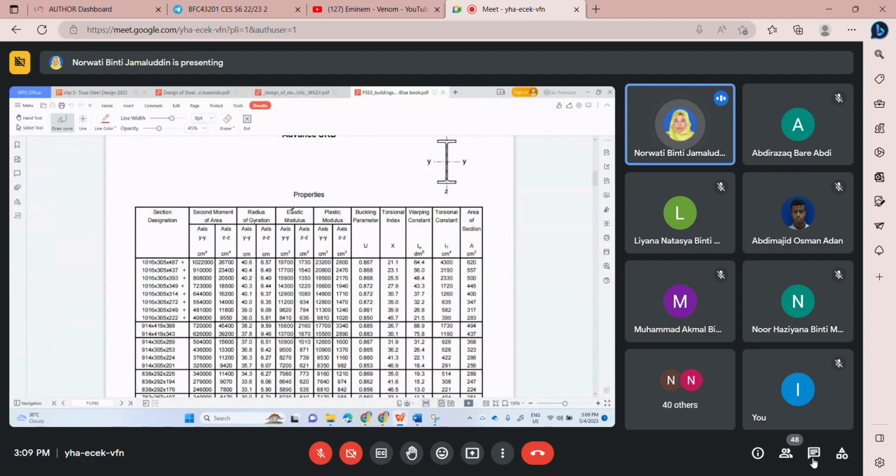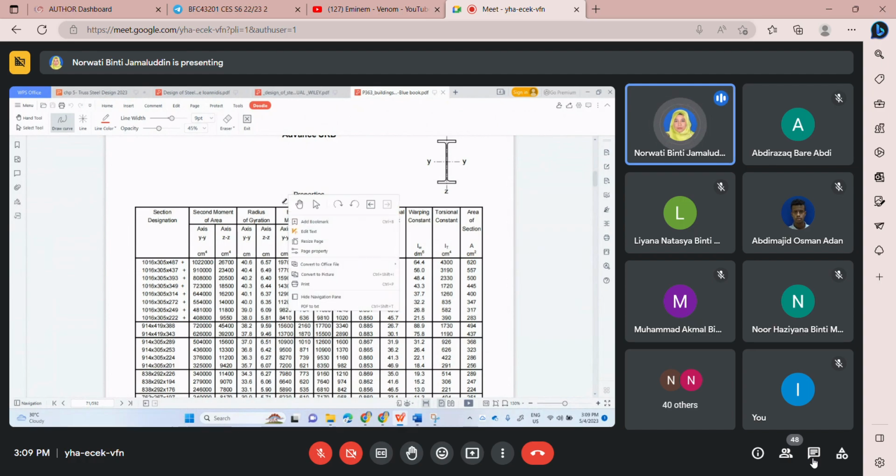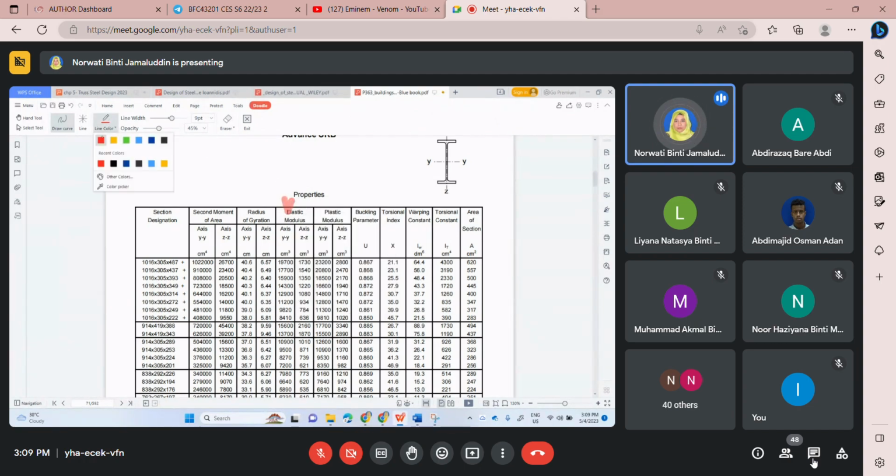According to Eurocode, all the formulas will use W for elastic modulus. EL represents elastic. This one is at axis Y, this one at Z.